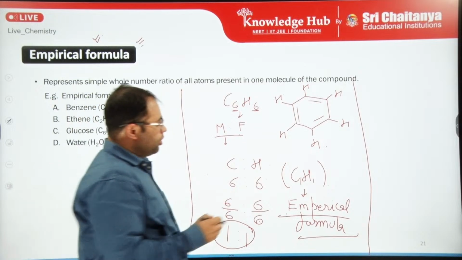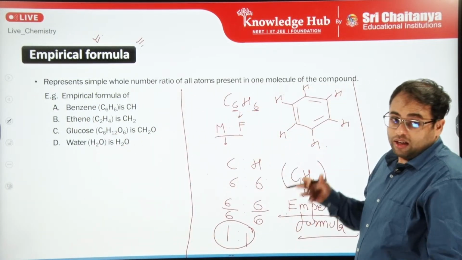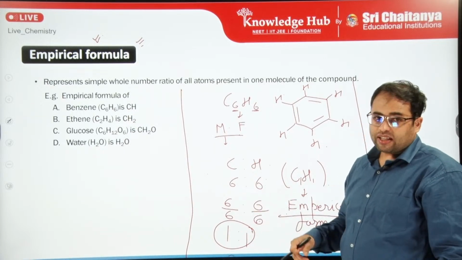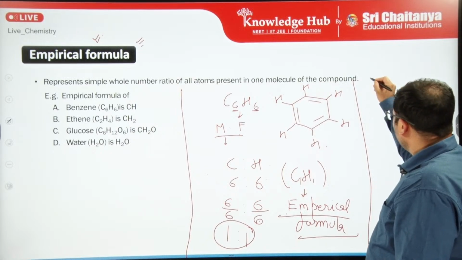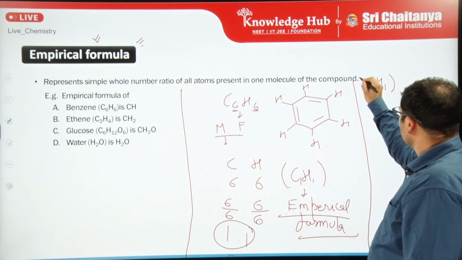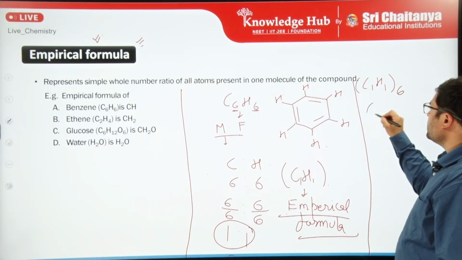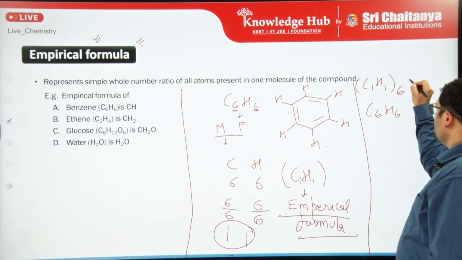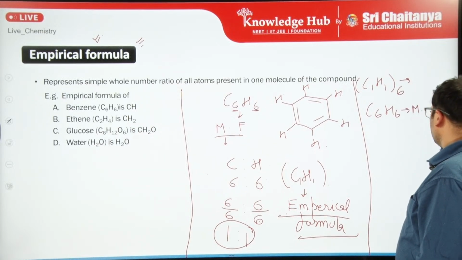Now from this empirical formula, how can you get to this actual formula? Simple. You divided by 6, so you multiply it back by 6. C1H1 multiplied by 6, you will get C6H6. So this is your actual molecular formula.